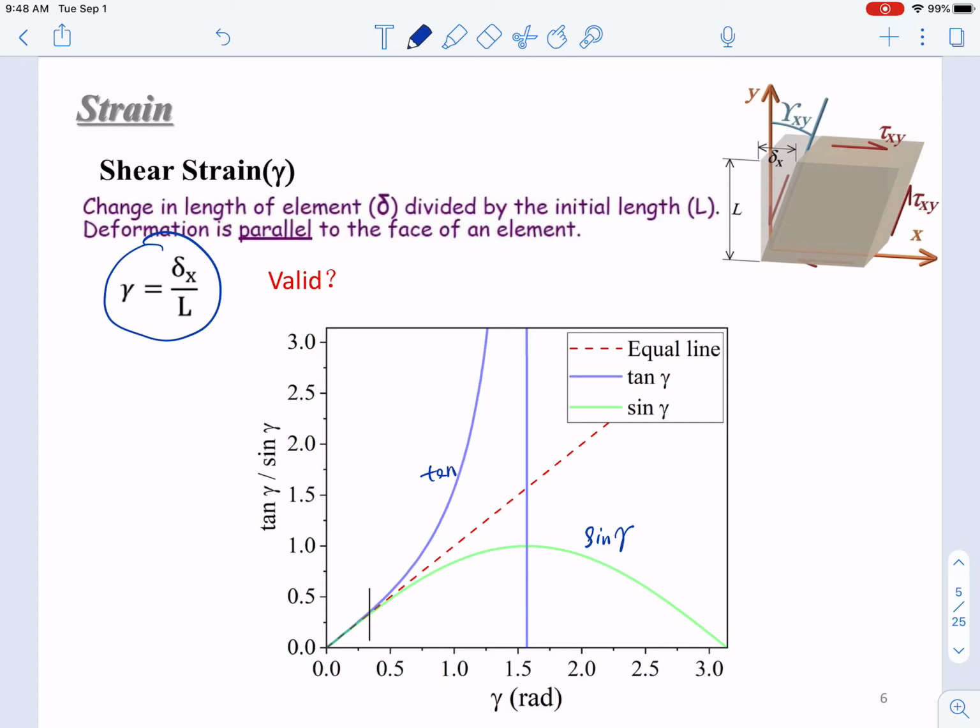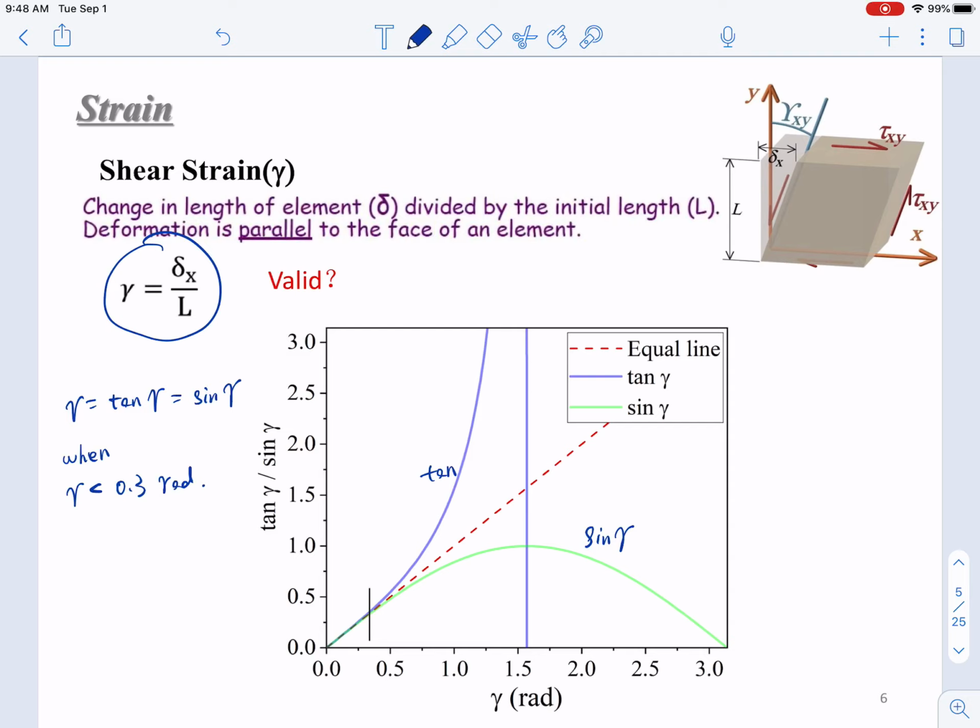You can assume gamma equals tangent gamma equals sine gamma when gamma is smaller than 0.3 radian.